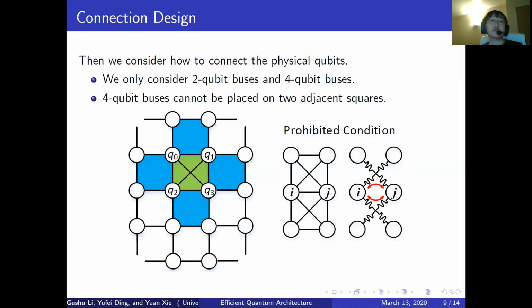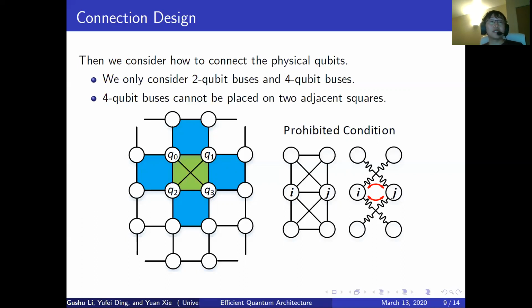So we designed a filter here to reflect the effect of this constraint. For example, for the filtered benefit of the green square, we use the original benefit from it minus the benefits from its 4 nearby neighbors, the blue squares. And such a filter will show the effect of this constraint.